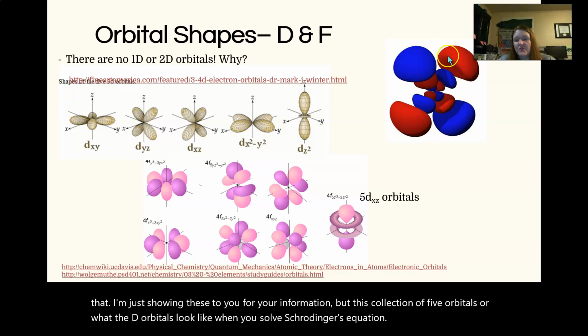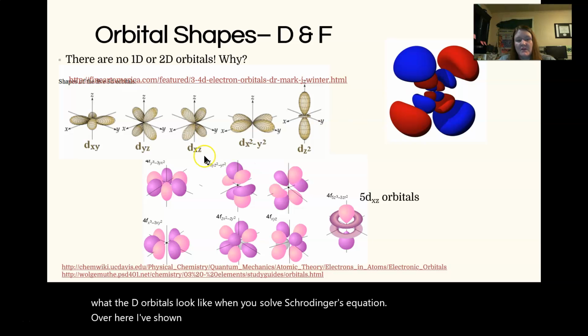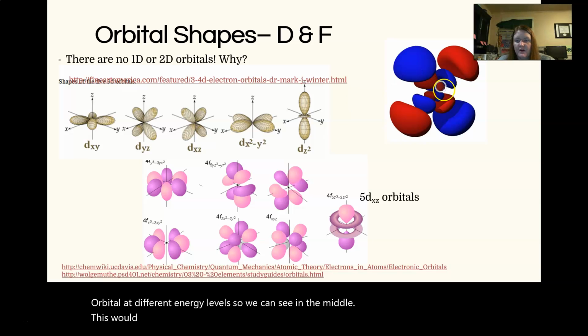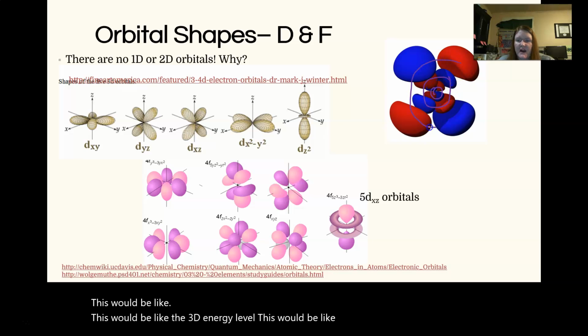Over here, I've shown what we call dxz, so it's the same orbital at different energy levels. So we can see in the middle, this would be like the 3D energy level. This would be like 4D, and this would be like 5D.